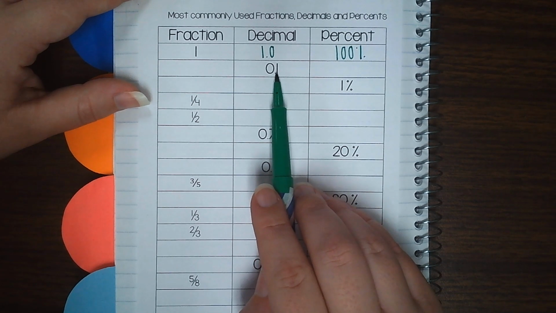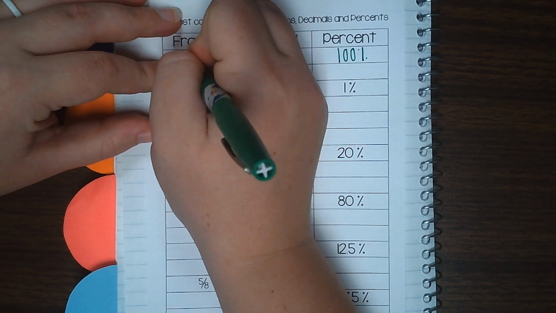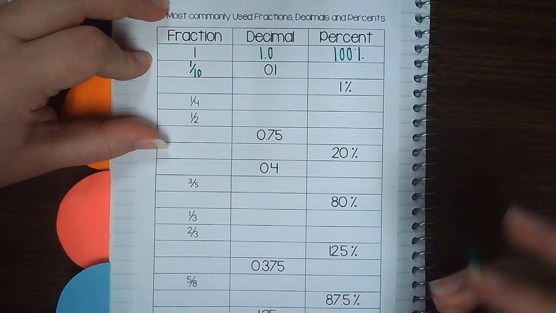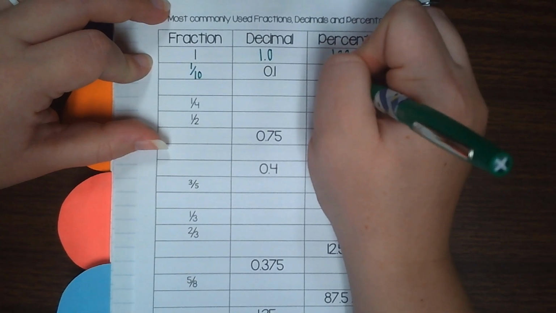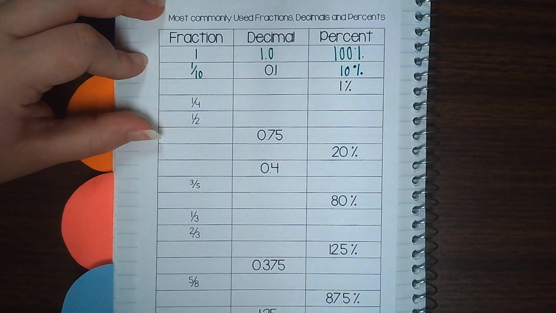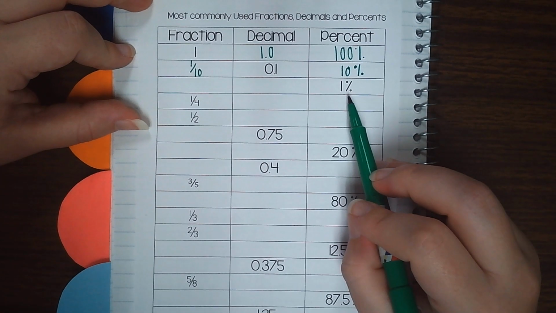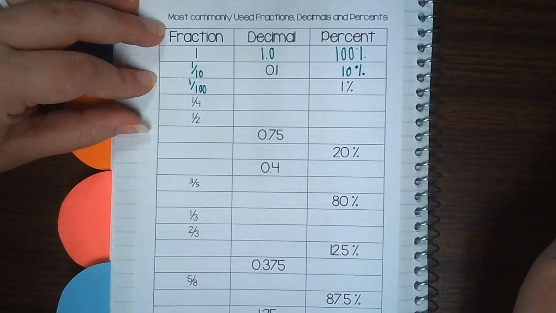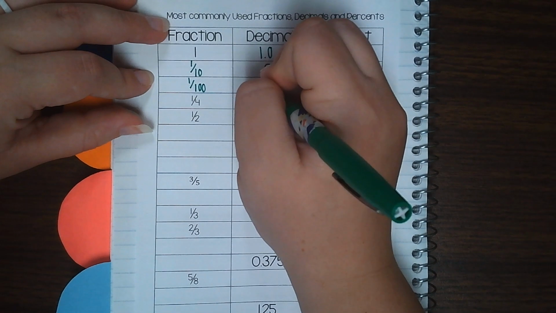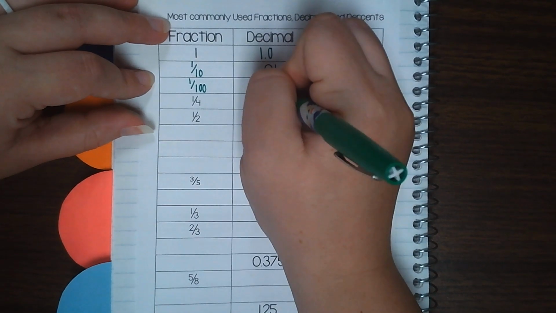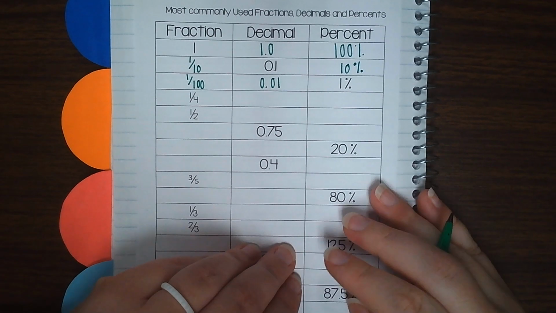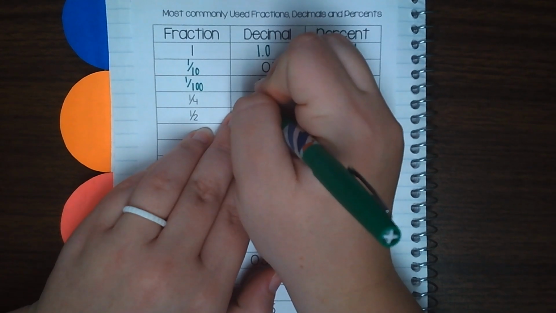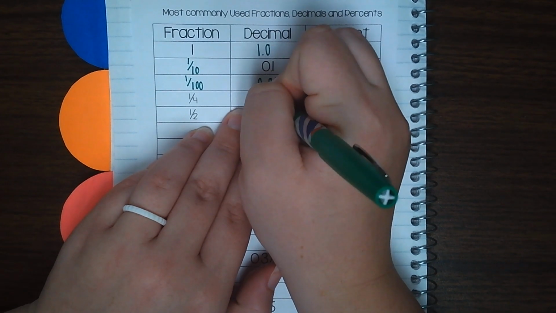The next one is 1/10. So we put that as a fraction, 1/10. As a percent, it is 10%. 1% would be 1 out of 100. As a decimal, it would be 1/100th, so 0.01. 1/4, if we divide 1 out of 4, is 25 hundredths.